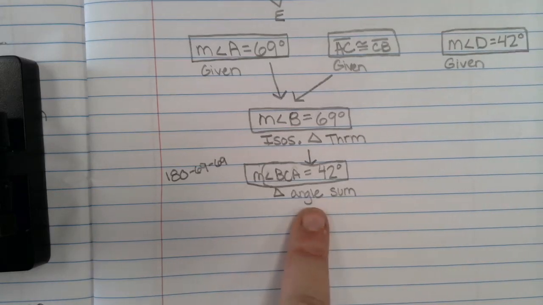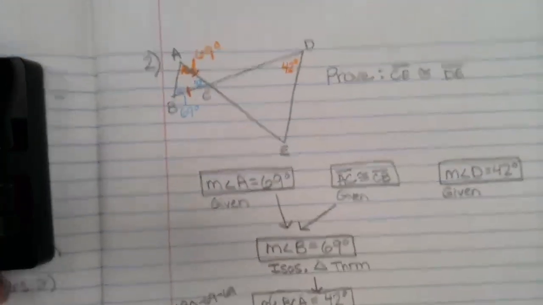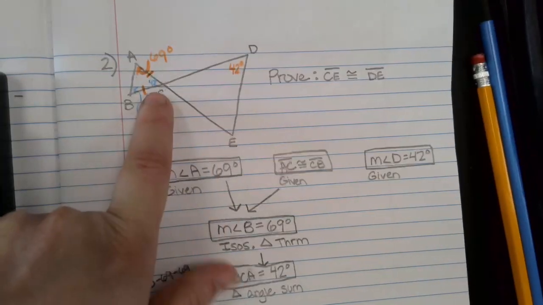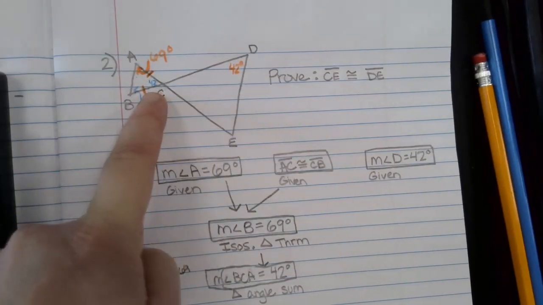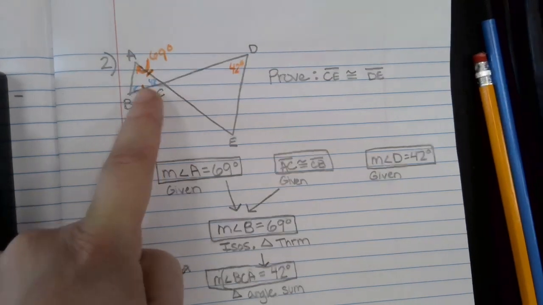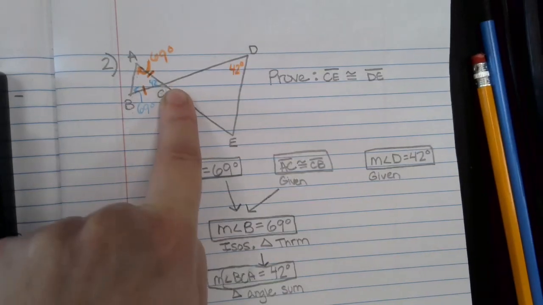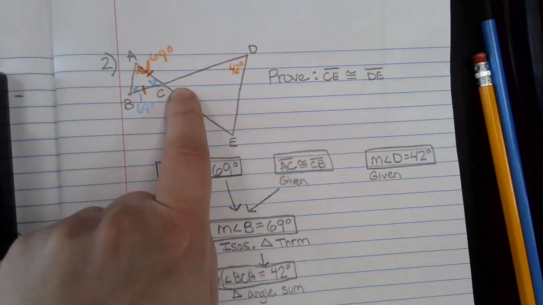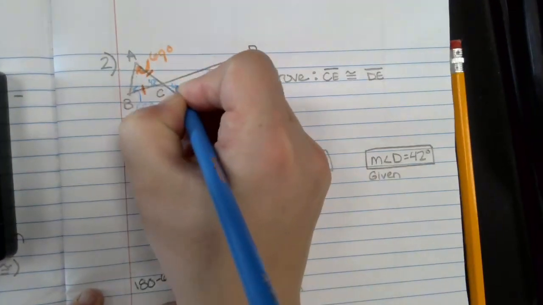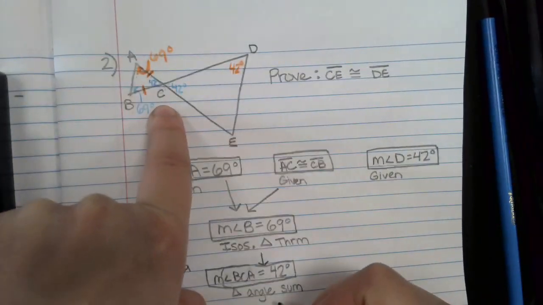Alright, we know that BCA is 42 degrees. So when I look at my picture, what does that tell me now if this is 42 degrees? Good. When we go across from it, the angle across has to be the same. What do we call that, the angle across? Vertical. Good. So we know angle C has to be 42 degrees. But we can't just call it C, as Tyke mentioned.